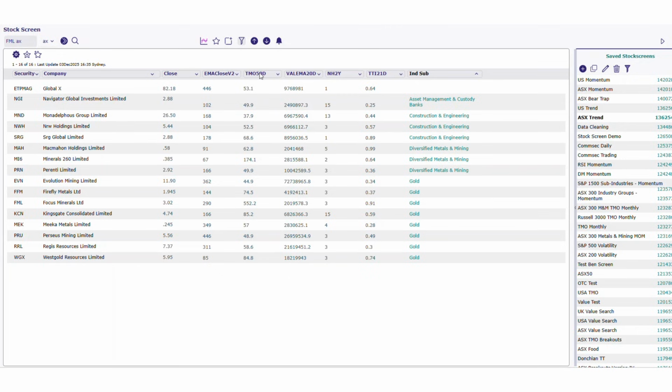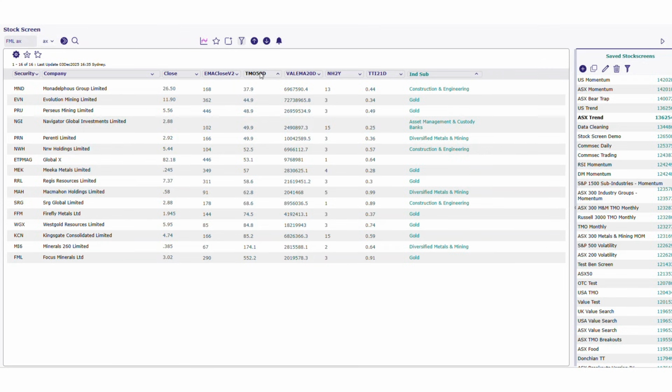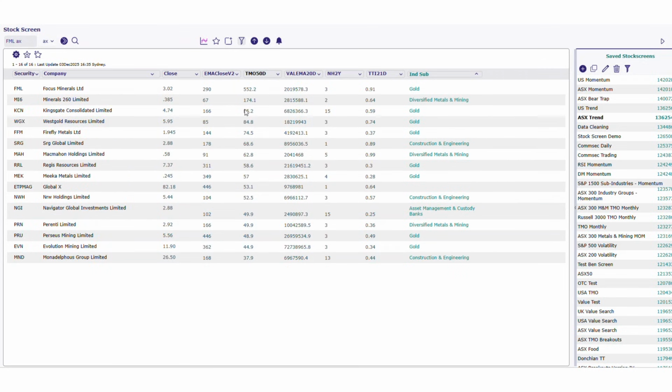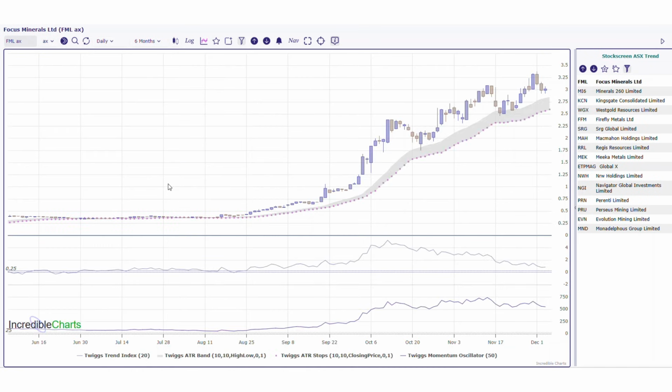Right, so I normally rank the results according to momentum, and we can see here Focus Minerals is the highest rated momentum result, with momentum above 500.